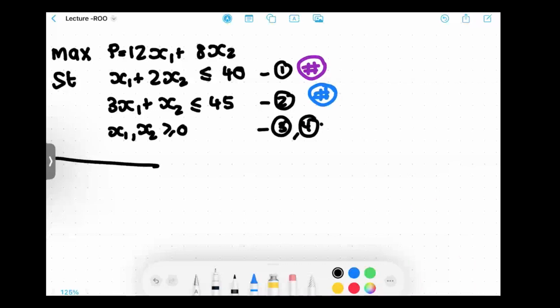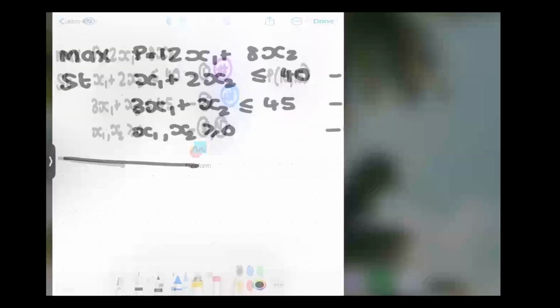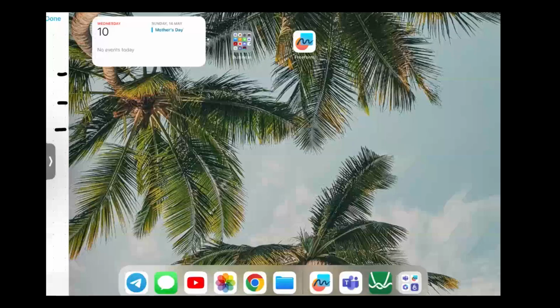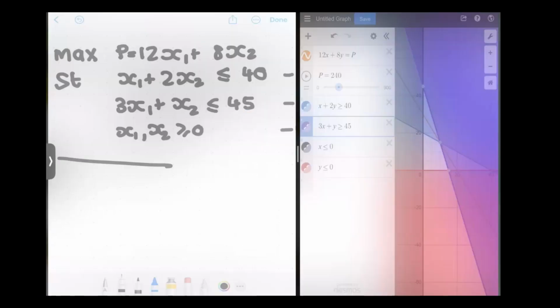Both of those make up our corner point where P is 10 and 15. Again, if you need a reminder, it's the 10 and 15 point that sits over there. So it's those two equations giving us that corner point for an optimal. We're going to have to investigate the gradients of those two equations with the gradients of our objective function. So let's go and do that.